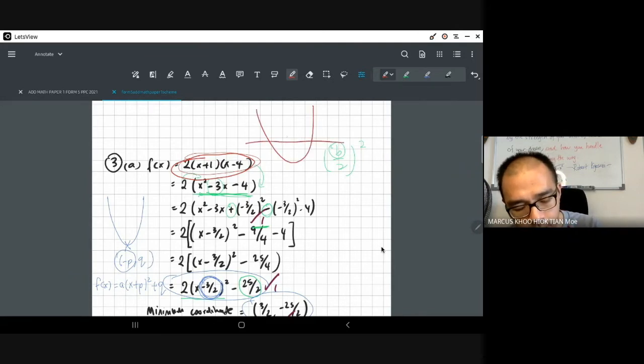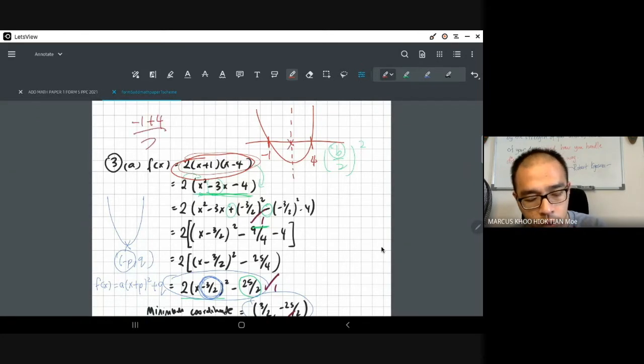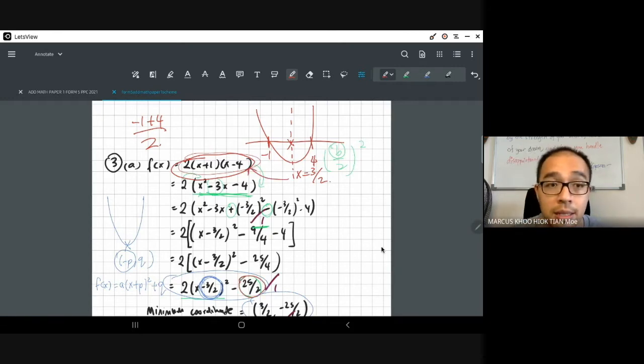Okay, it tells you that over here is -1 and over here is 4. Okay, and you can find the symmetry, okay, which is the center over here. So you get -1 plus 4 divided by 2, which is x equals 3 over 2. And then after that, you substitute the x equals 3 over 2 into this to find the f(x), which you will get this answer.